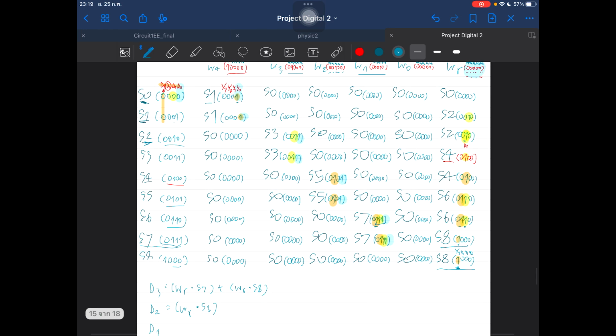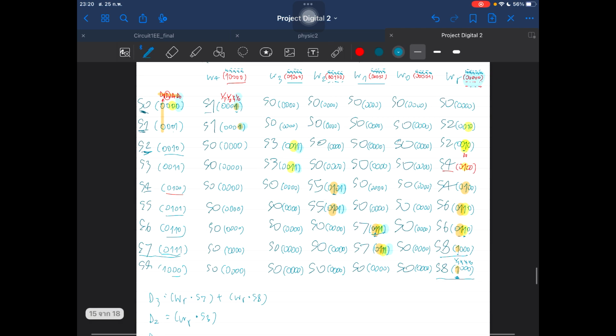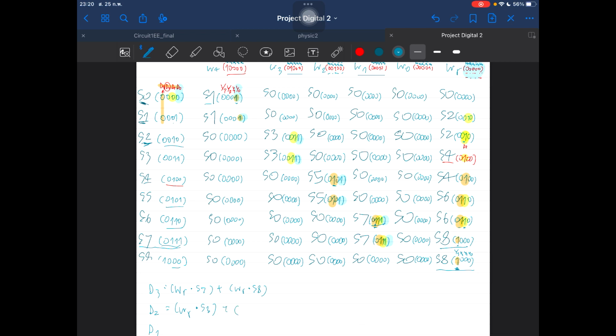In state 4, look at the D2 first. Look at the D2 in the next state. Then this is 0, skip 0, skip 1 here. Then write first. Look at the input name. Input name is W2 and state name is state 4.